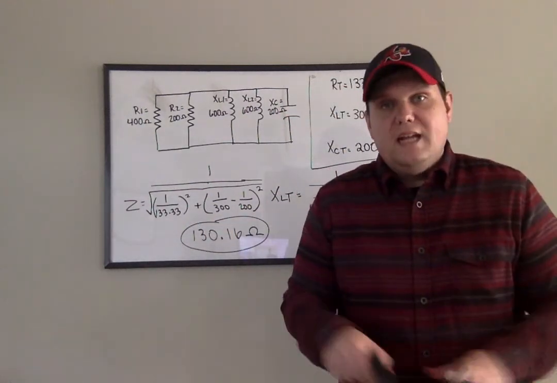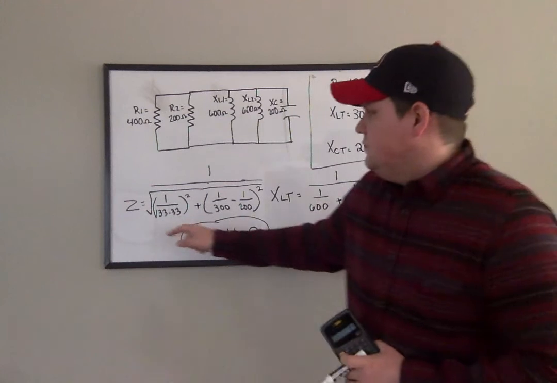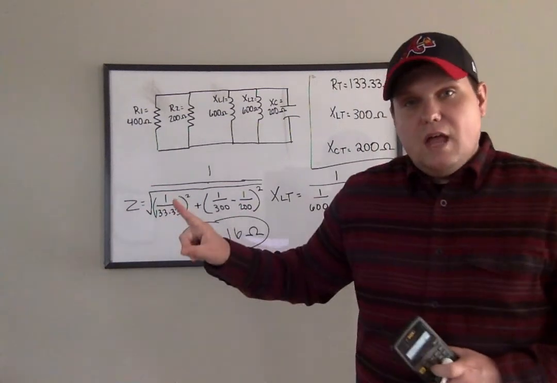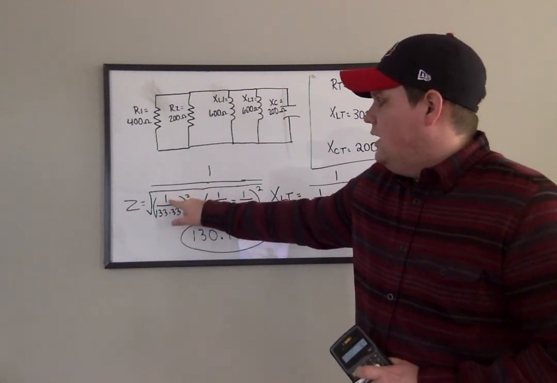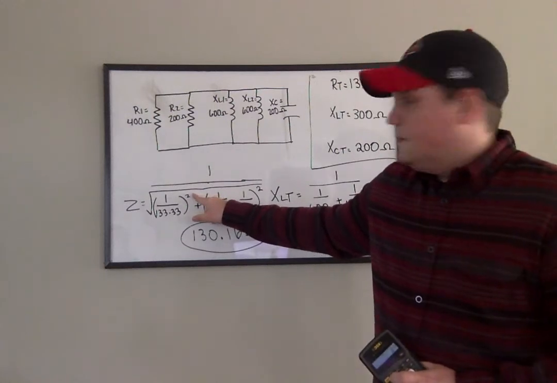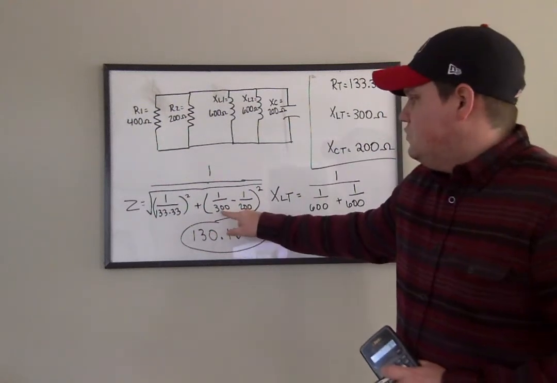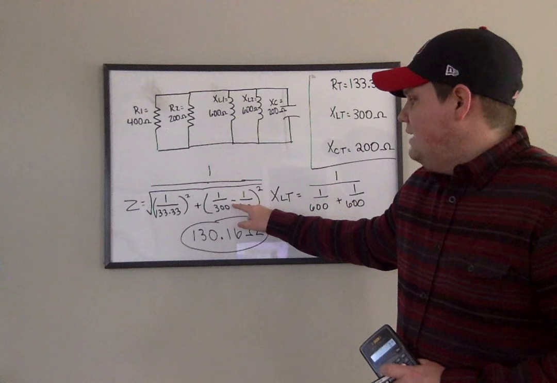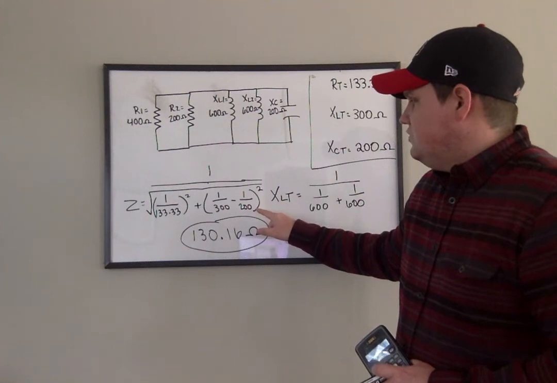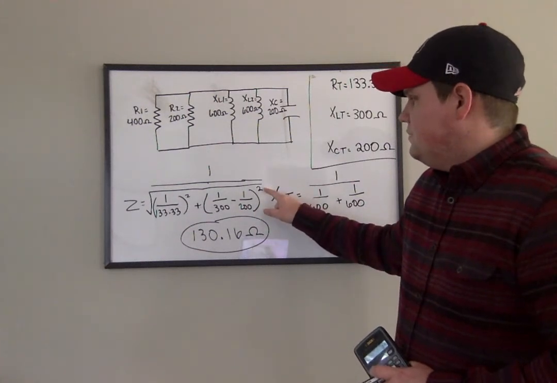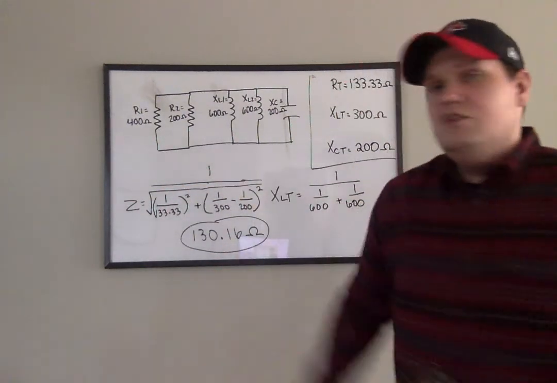So, we're going to go back through that again, okay? So, in the calculator, in the TI-30XA, you're going to key it just like I'm about to say. 133.33, 1 over, squared, plus, open a set of parentheses, 300, 1 over, minus 200, 1 over, close your parentheses, squared, hit your equals button, take the square root, and then do your final 1 over.